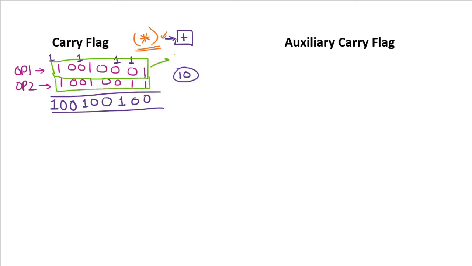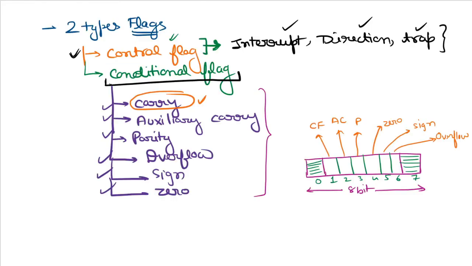You all must have noticed that the operands we had were 8 bits in size, and we have already considered all our registers to be one word, or 8-bit size.